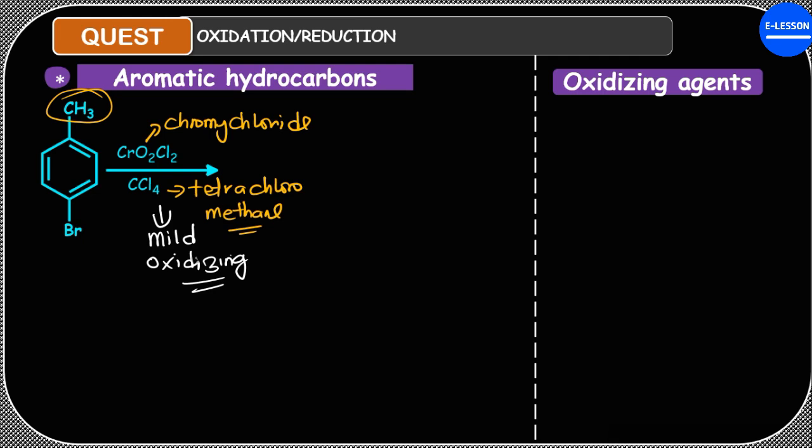The aldehyde functional group. So when chromium chloride reacts with this, instead of us getting a carboxylic acid, you are going to get something like this: CHO and then Br. Now when this is further oxidized, it's going to give us the desired product.